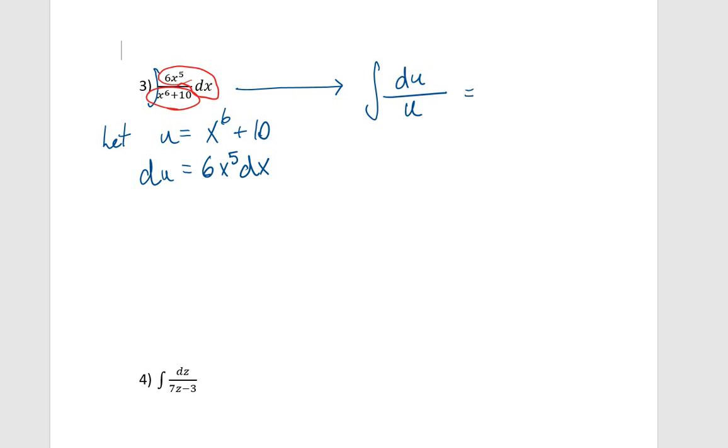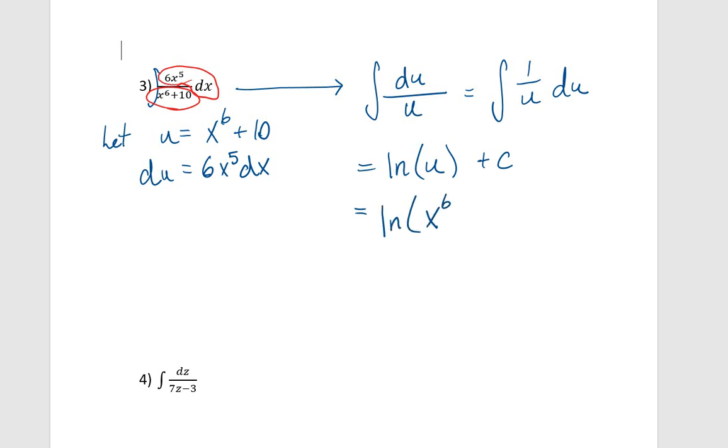By the way, if it makes it easier for you, you can rewrite that as 1 over u du. Either way, the antiderivative of 1 over u is very special. It's the natural log of u plus some constant c. And remember, we have to resubstitute in our original variable, so that's going to be the natural log of x to the 6 plus 10 plus c.